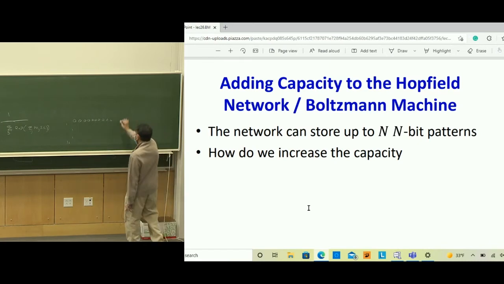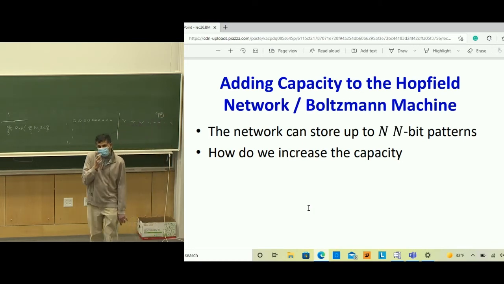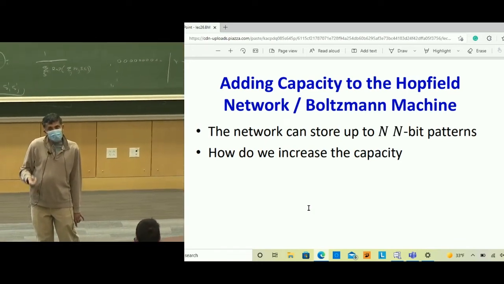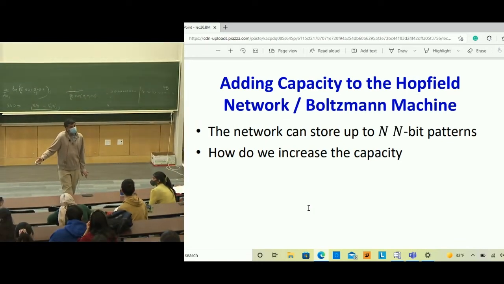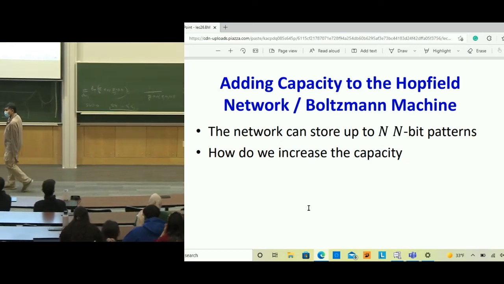So all I'm going to do is pad these with 90 junk bits. Because I don't really care what is stored out there, right? So now I've increased the capacity of my network to store more than 10 bits by adding junk bits.